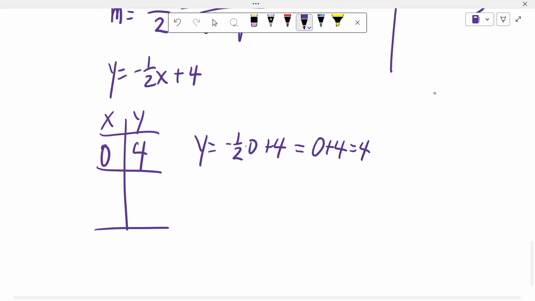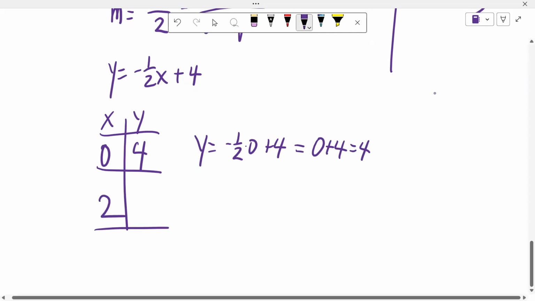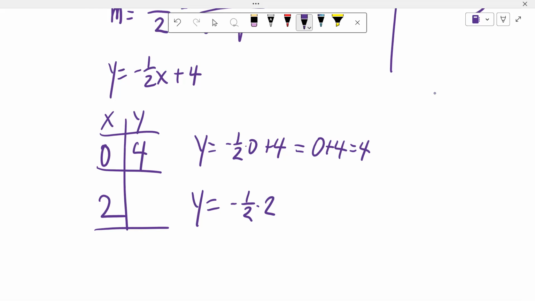And then here I'm going to pick another one. Let's say x equals 2. The reason why I pick 2 is because the denominator here is 2. If you pick 4, 6, 8, that's equally good.